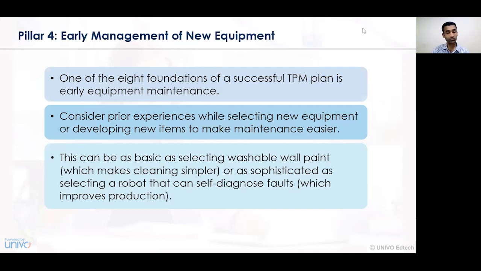This scenario of selecting new equipment can be as basic as selecting a washable wall plant, which makes cleaning simpler, or as sophisticated as selecting a robot that can self-diagnose the faults and improve the production activity by self-assessment, self-repair and maintenance. So we may implement a robotic system which identifies a certain fault or a default scenario, and those defaults are cured at an early stage.